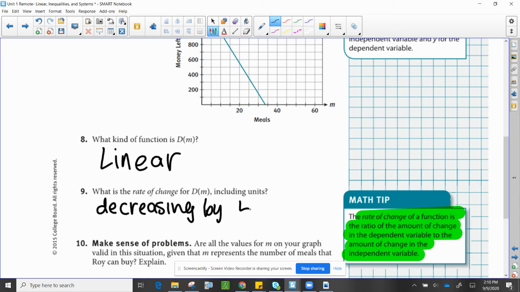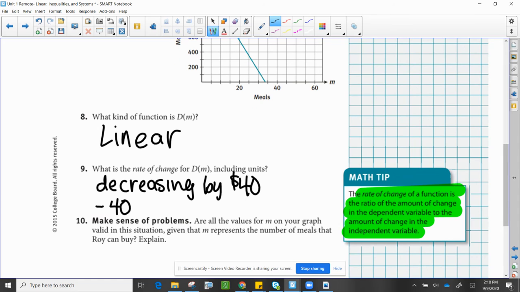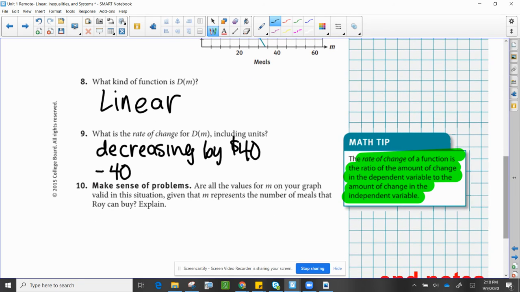So that's why we have a negative slope here, because every time Roy goes out and buys food, he's taking away from the bottom line of his prize winning money. Okay, so just remember in the future, the rate of change of a function is the ratio of the amount of the dependent variable and the independent variable, how they're affected. So we're talking about the slope here. Anytime they're talking about rate of change, we're talking about the slope.